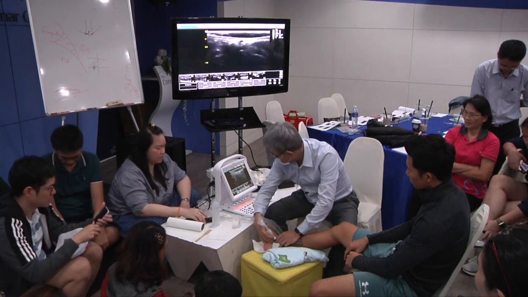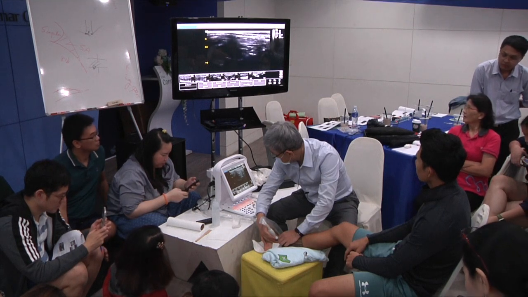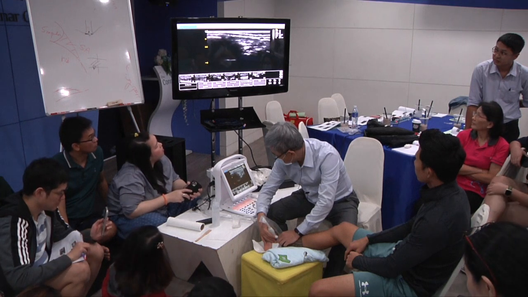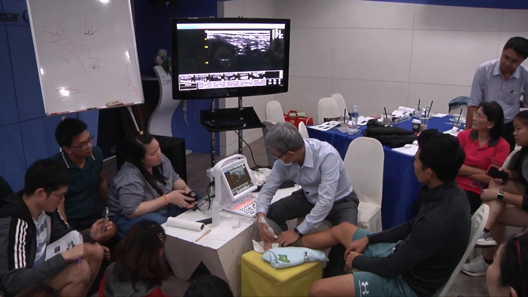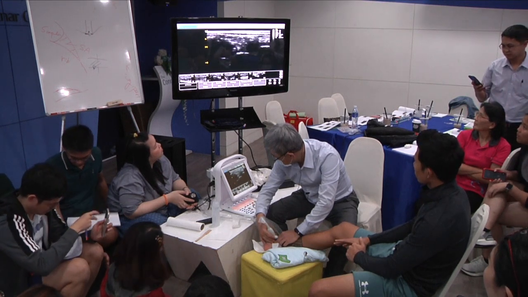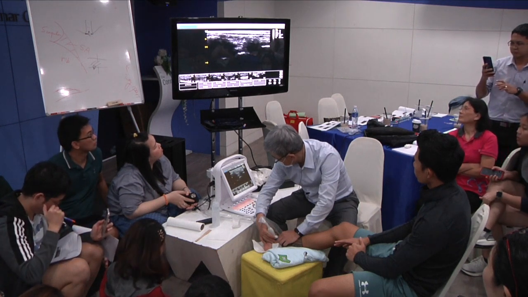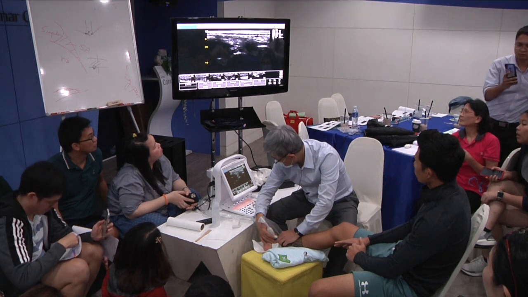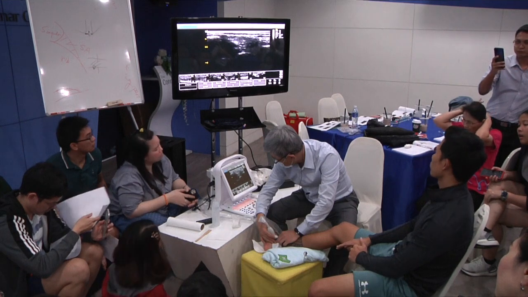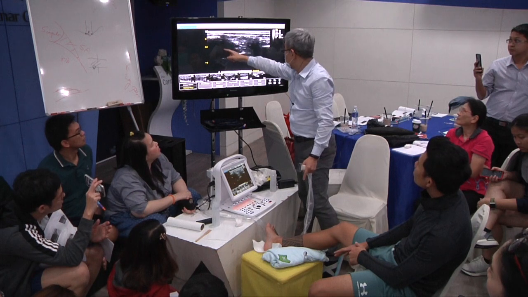Put it down. Find the medial malleolus on the left side. Find the talus on the right side. Both of them need to be shown. Okay, freeze for me. Malleolus, talus.